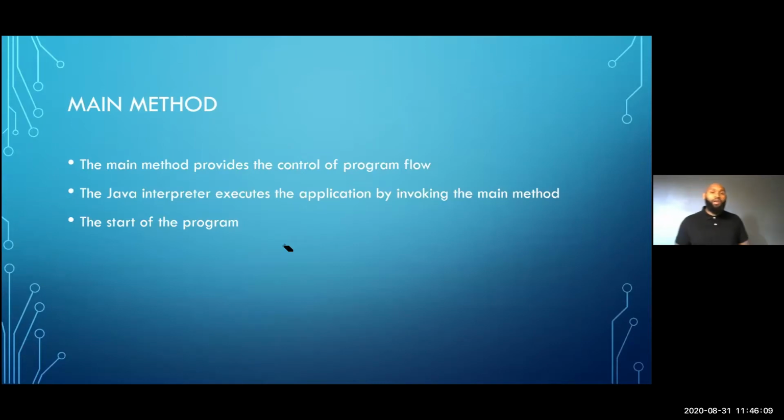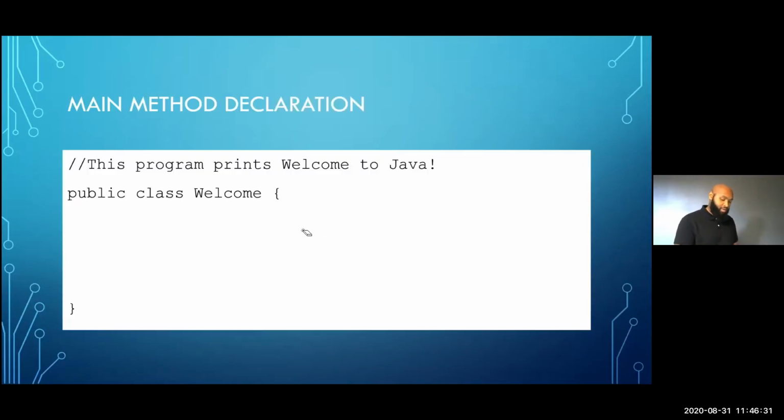Again, we have the main method, which is responsible for running the program, and it's the first method that is run in Java. You can't have more than one main method in your whole program, or you'll get an error. Or it may ask which one you want to start at. But that is the first line of code that is run in a Java program.